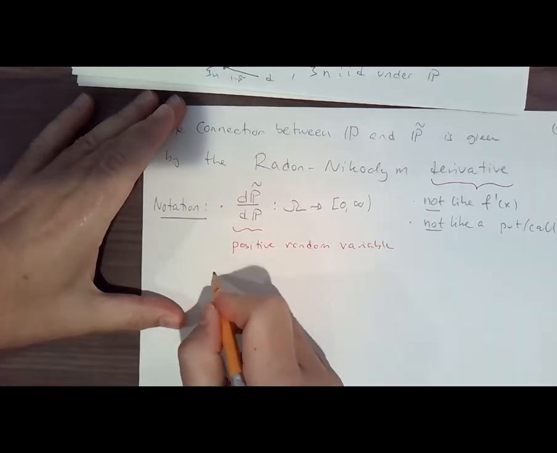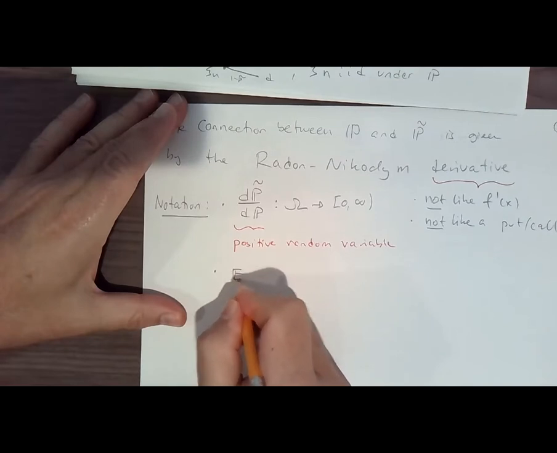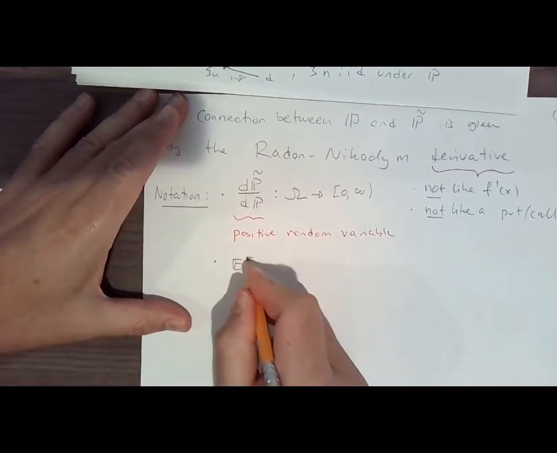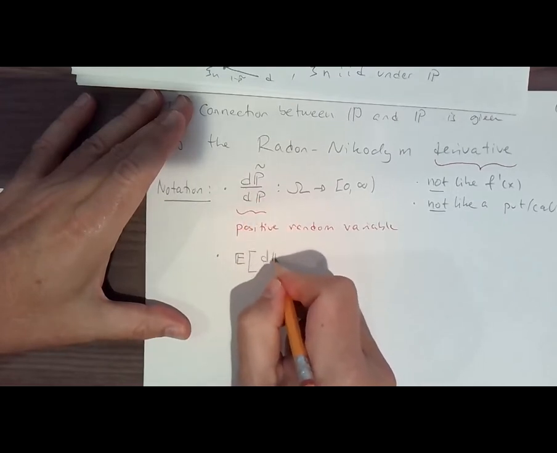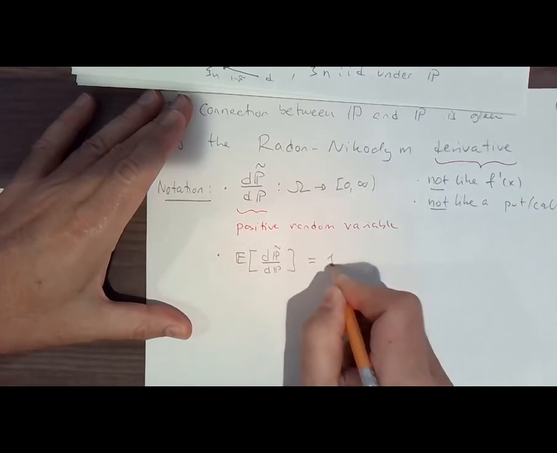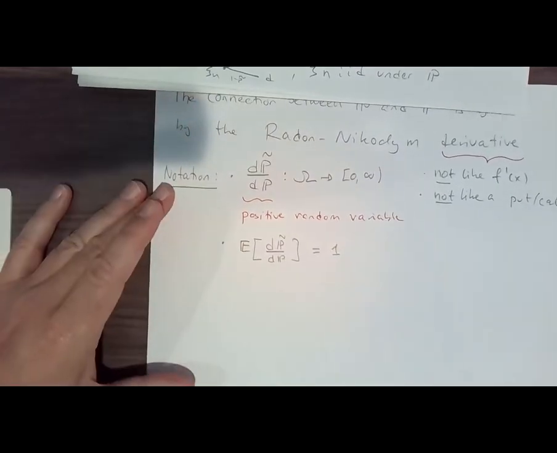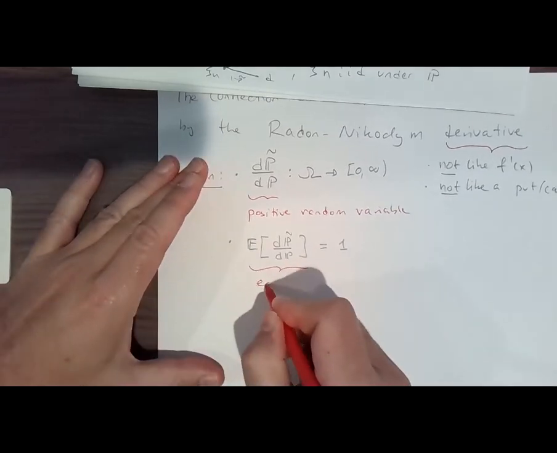The second one is that it's a random variable, so I can take its expectation. If I take the expectation of the thing, I'll get 1.